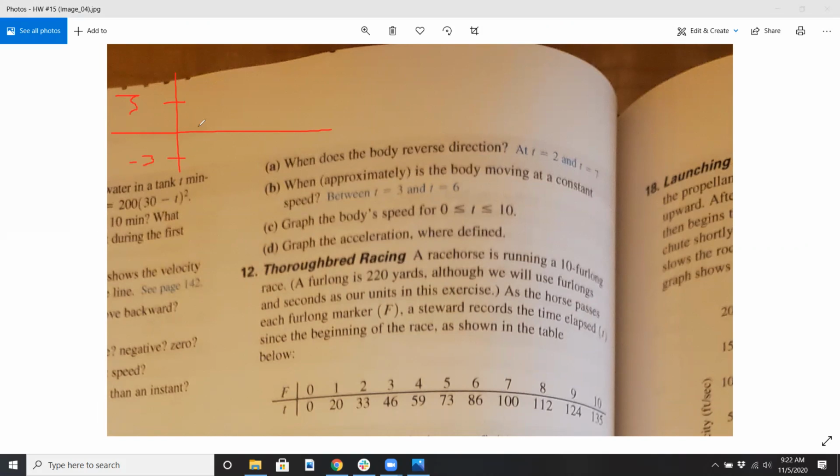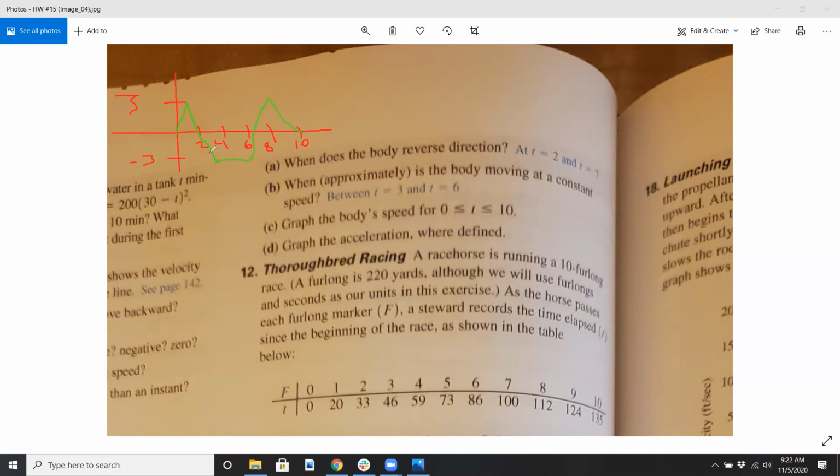I'll do 5 tick marks, 2, 4, 6, 8, 10. Okay, kind of crappy graph, but so be it.